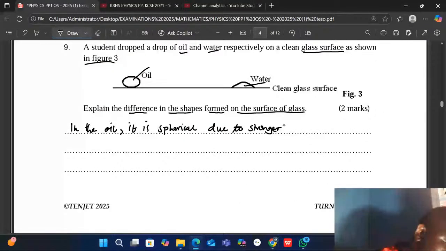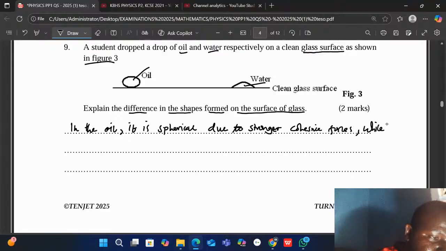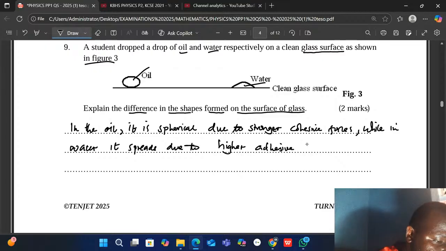Cohesive forces, while in water, in water, it spreads due to higher adhesive force than cohesive force.